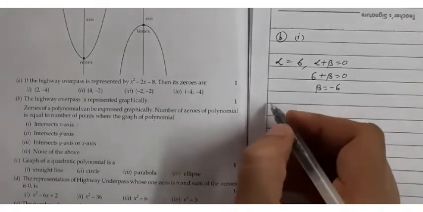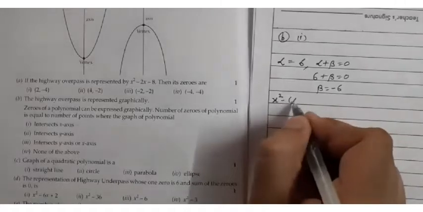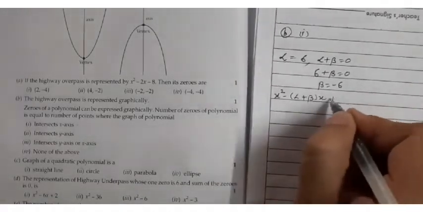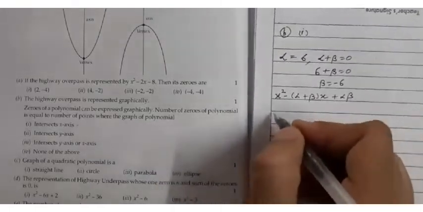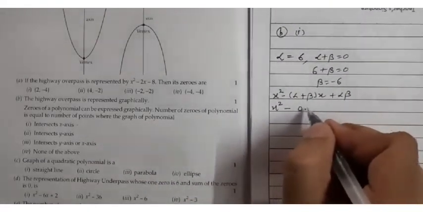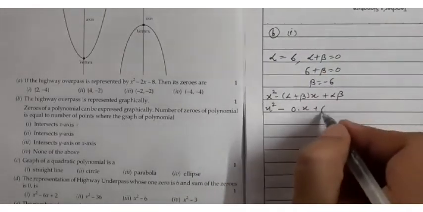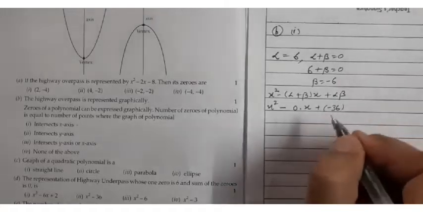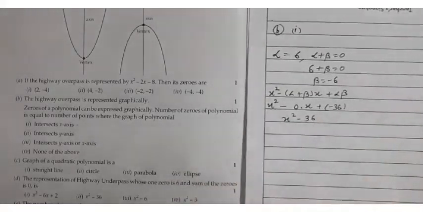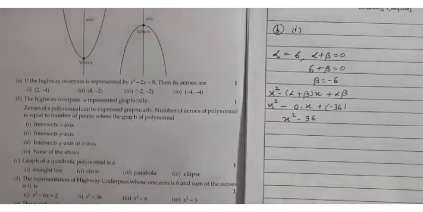And what is the form of the quadratic? x square minus (alpha plus beta) into x plus alpha beta. So this is x square, alpha plus beta is 0, and 6 into minus 6 is minus 36. So x square minus 36.